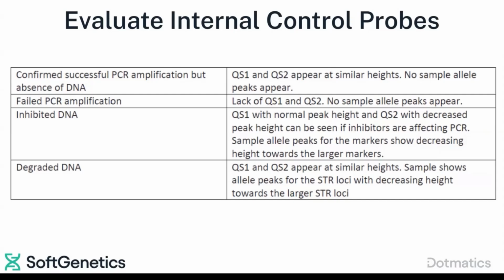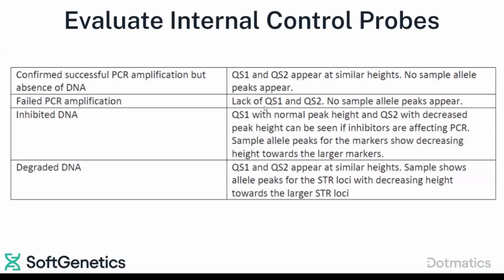Without the quality control fragments, you aren't sure: is it because there wasn't enough DNA, or is it because of PCR failure? So here, as long as there are these 2 peaks and they are of similar heights, we know that PCR amplification was all right, but there was an absence of template DNA from the sample.